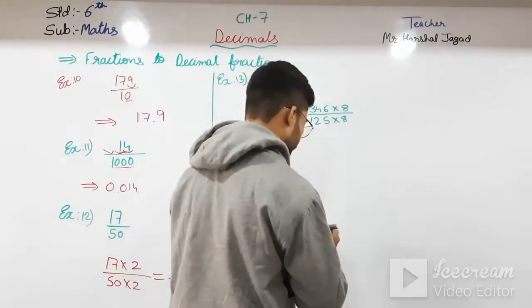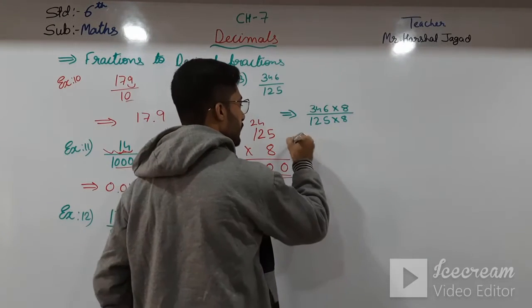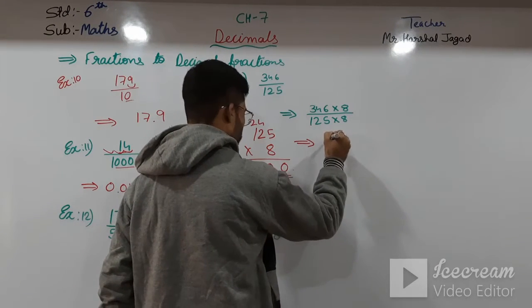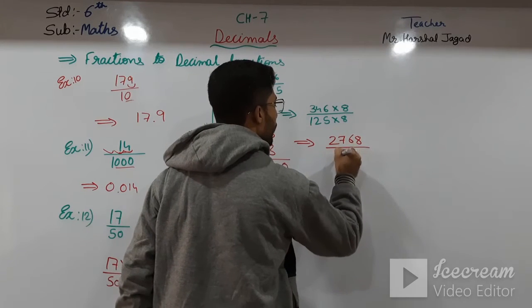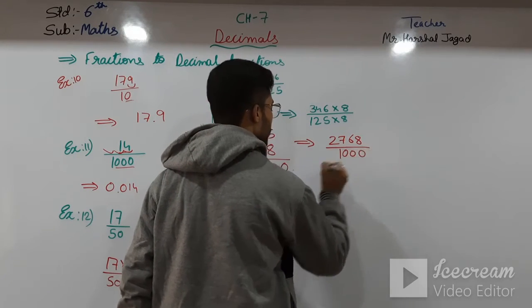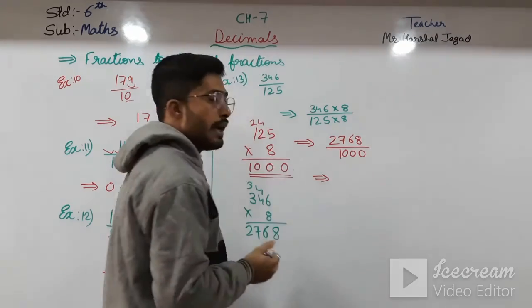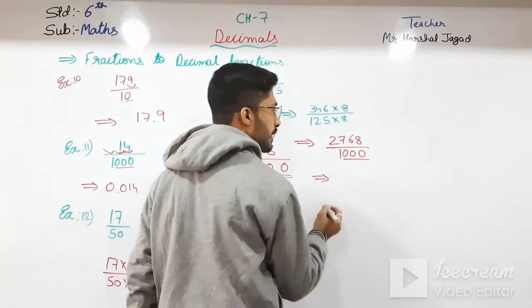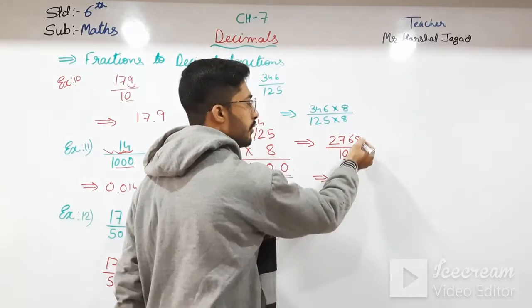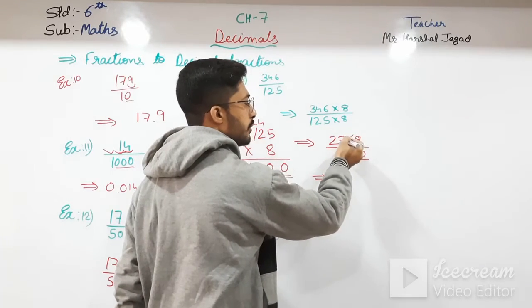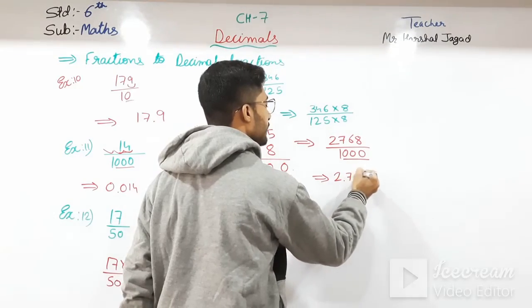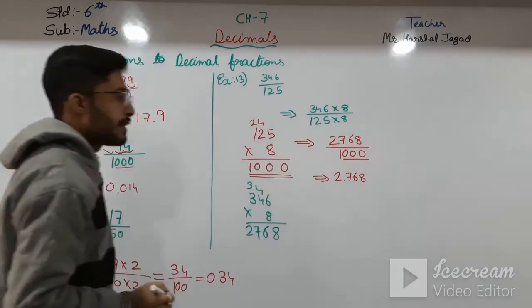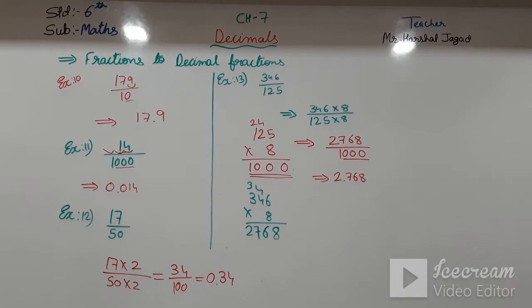So here it is 2768 upon 1000. Then there are 3 zeros, so we have to put a point before 3 digits, that is 1, 2, 3. So 2.768 is your answer. Please note this down.